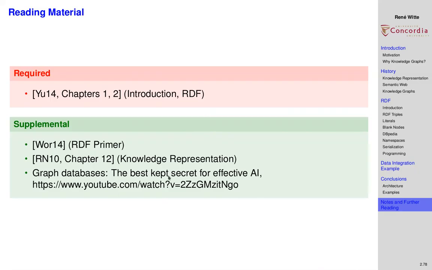Note that graph databases are not necessarily an RDF format. I'll also talk about this in a couple of weeks. But there are multiple ways of building graph databases, and not all of them are based on RDF. So don't get confused here either. I'll talk about these technical details also in a couple of weeks.